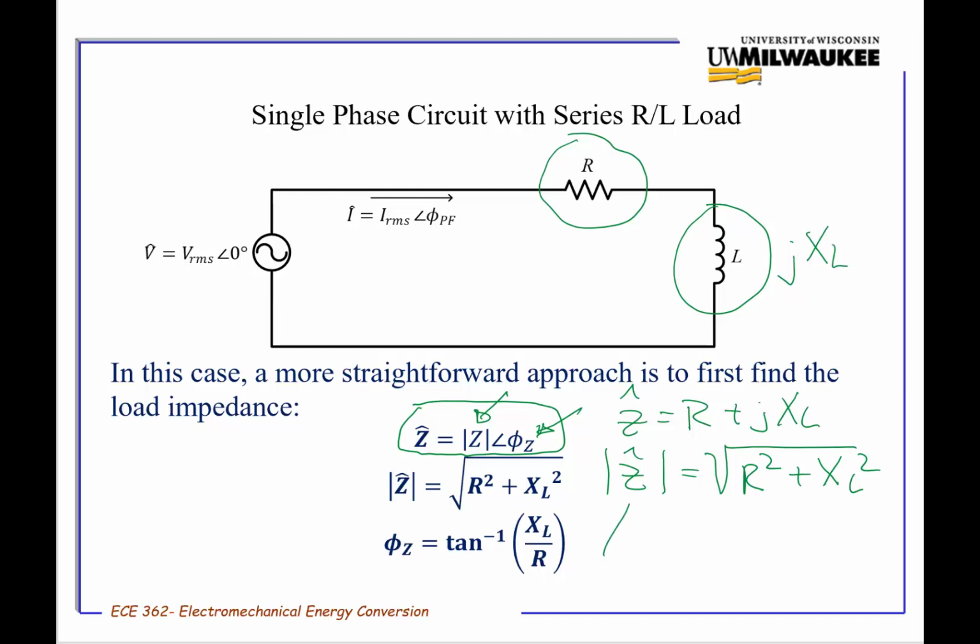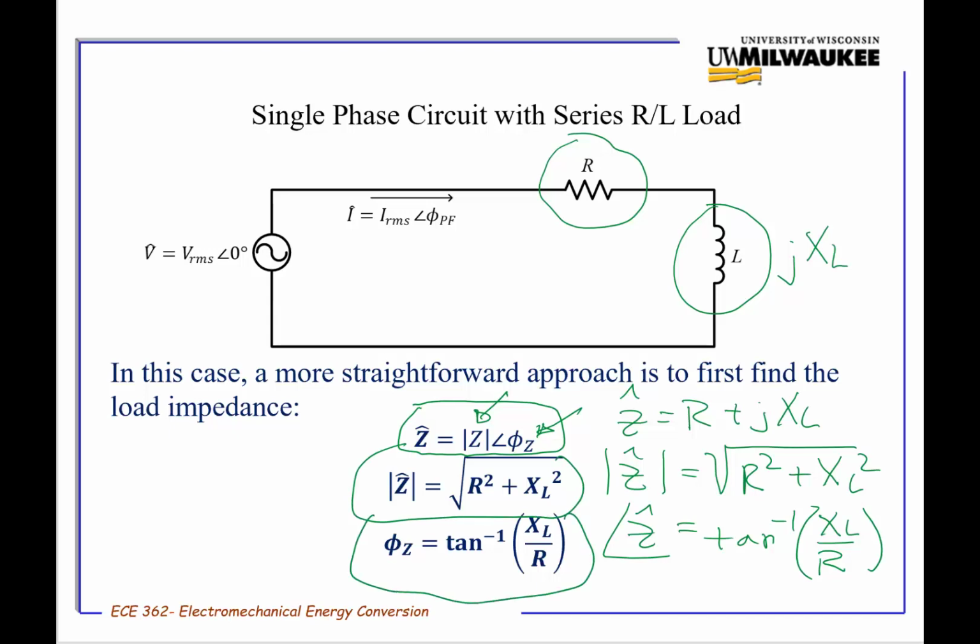And the angle phi z of Z is the inverse tangent of the imaginary part XL over the real part R. So I've just rewritten these three equations here, being a little bit redundant. But it's that simple. Now, if we look at this, we can see why phi z is equal to the negative of the power factor angle.